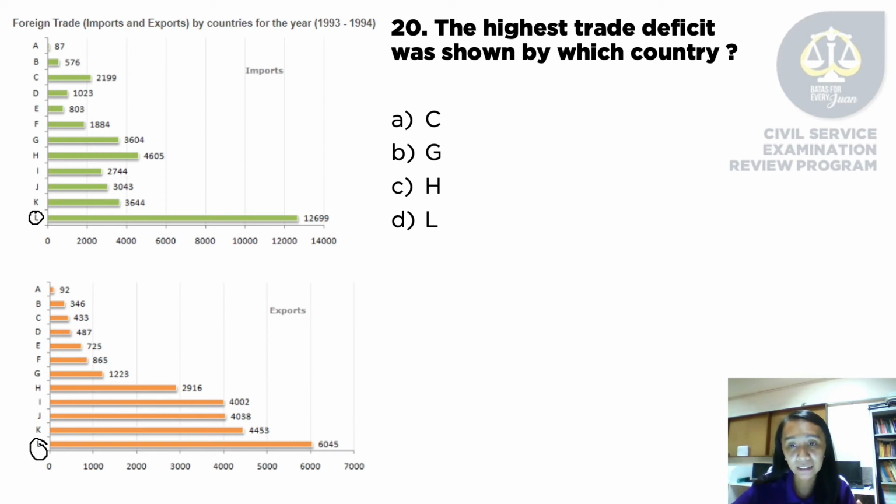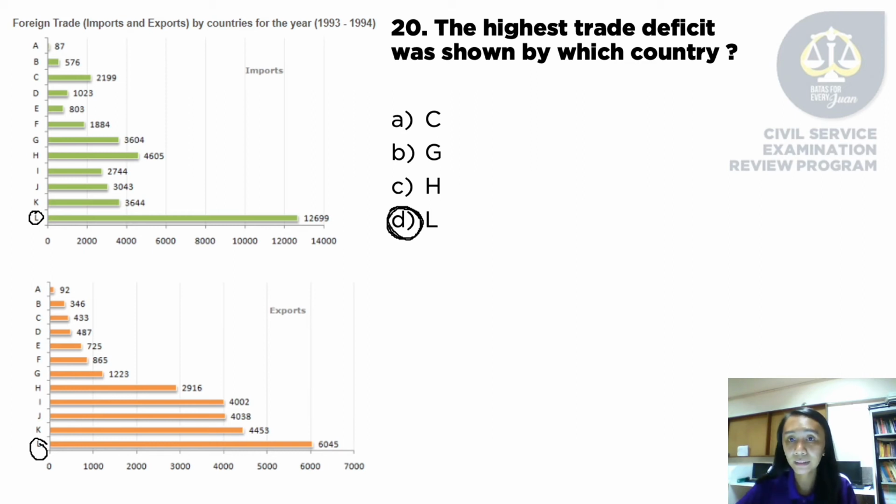It has the highest. That is visually. But if you want to be sure, subtract the imports and exports of each country. The correct answer is letter D, country L.